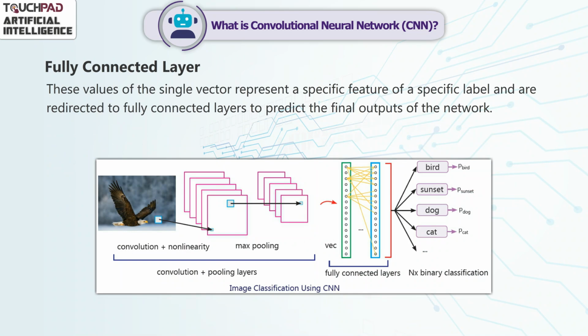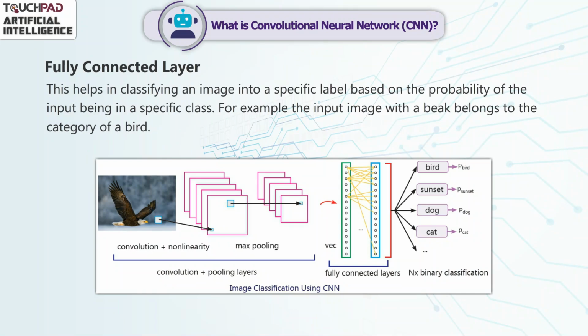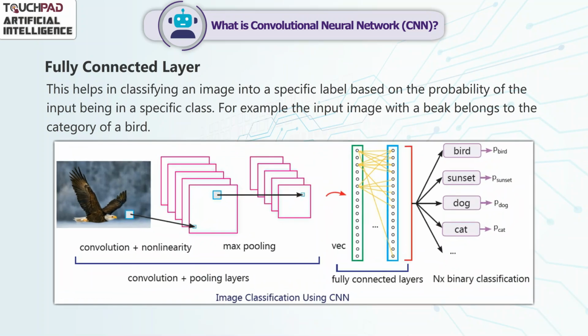These values of the single vector represent a specific feature of a specific label and are redirected to fully connected layers to predict the final outputs of the network. This helps in classifying an image into a specific label based on the probability of the input being in a specific class. For example, the input image with a beak belongs to the category of a bird.